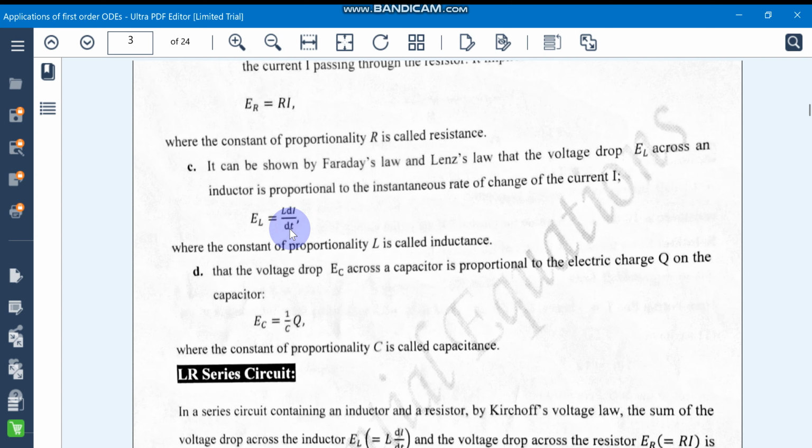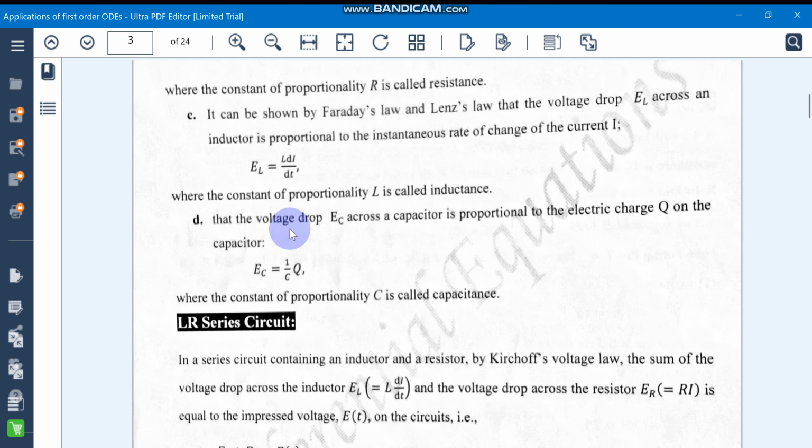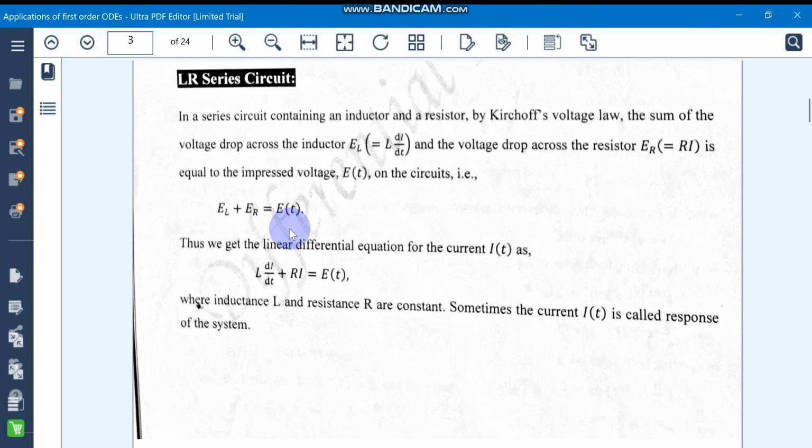And let's suppose there is a source of voltage rise EMF, then it becomes EL plus ER is equal to E of t, where EL is the voltage drop across the inductor plus the voltage drop across the resistor.